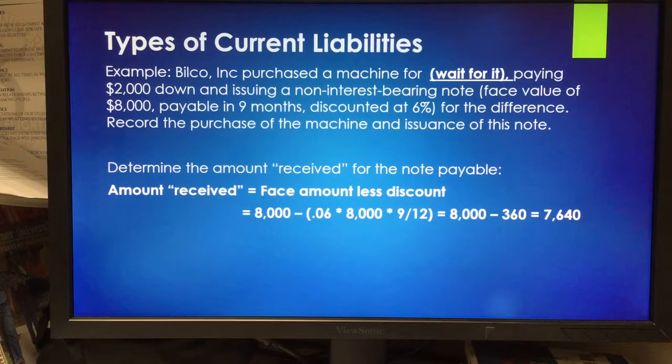And think of discount as future interest expense. So we deduct that $360 from the $8,000 face amount of the note to get $7,640. So that's the amount, more or less, of credit that the lender, or in this case the vendor, is giving us toward the purchase of this machine.